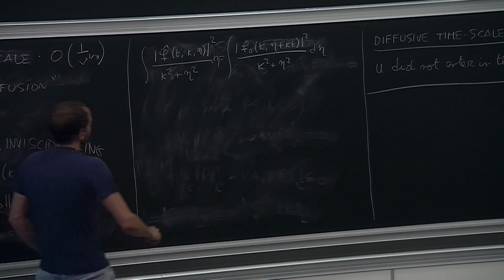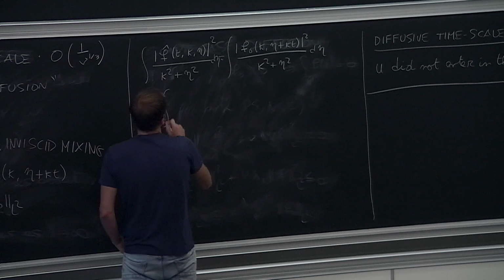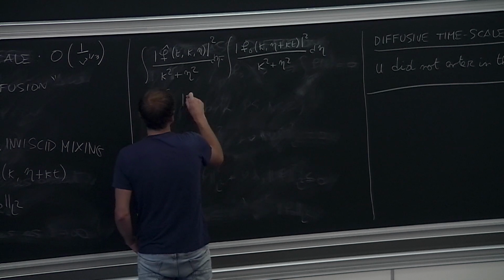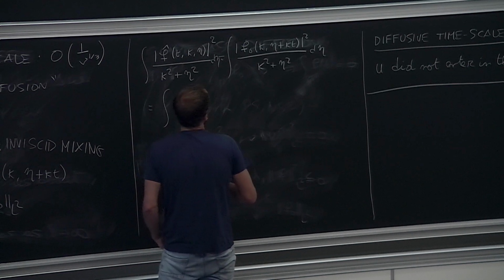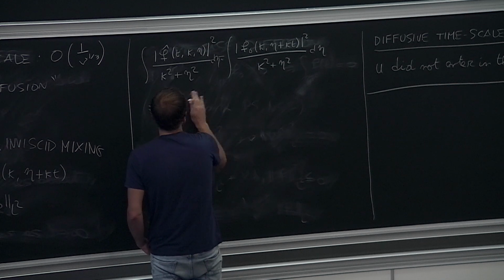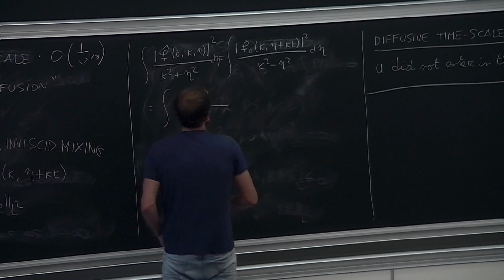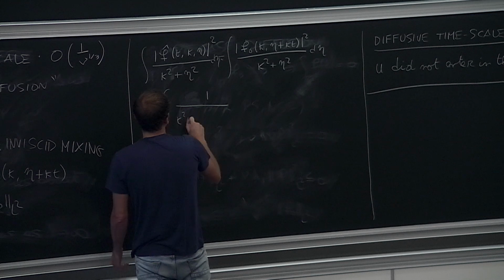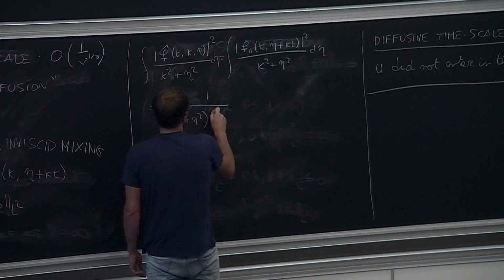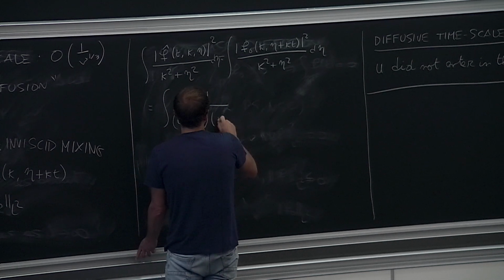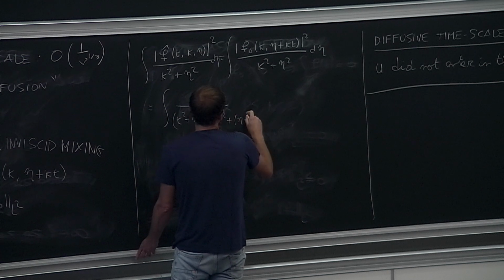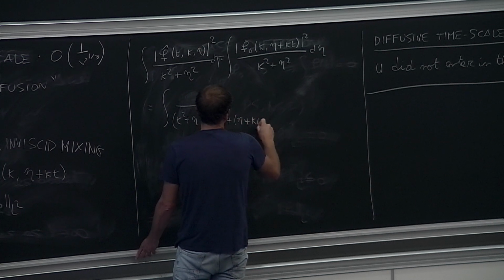OK, let's multiply and divide by the same thing. So let me just write it maybe like this. k squared plus eta squared times k squared plus eta minus eta plus kt squared.